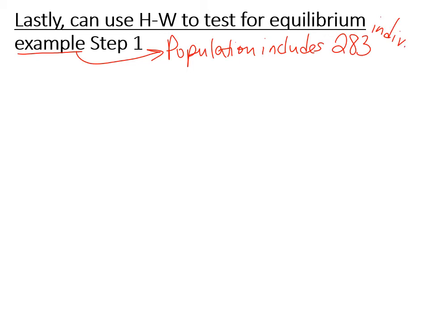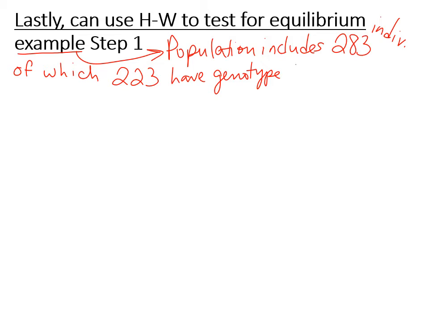Okay, and I'm going to abbreviate individuals, of which you have 223 have genotype 11. Actually, I'm going to go back to the capital and lowercase because I think students get a little confused with 1 and delta 32 sometimes.